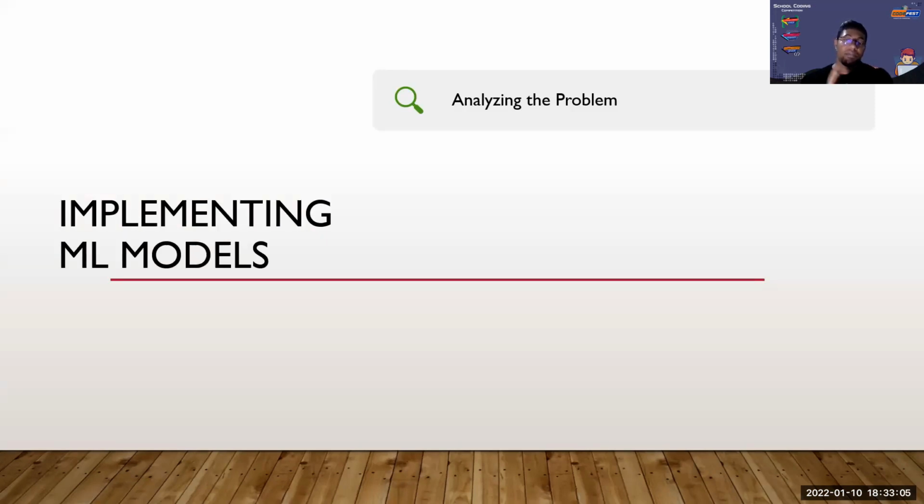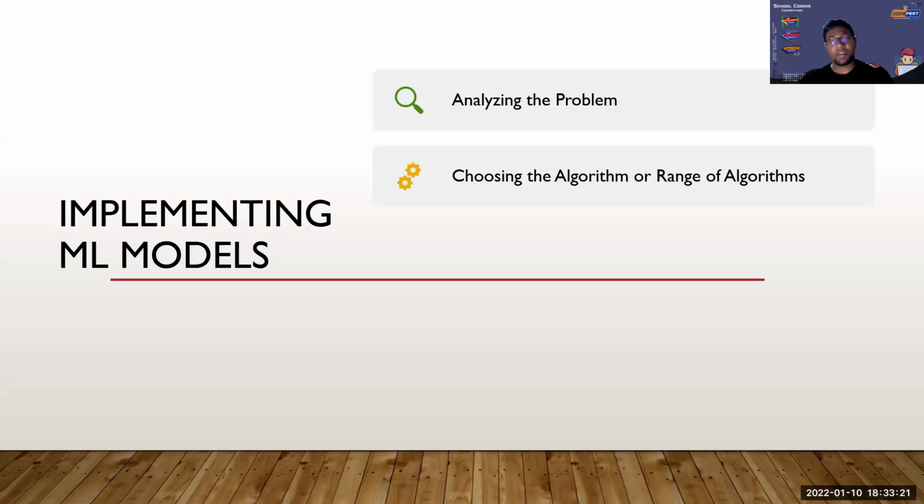So whatever the application that you're building, whatever the problem you are trying to solve using machine learning, the first thing you need to do is analyze these problems. In regular programming, if we want to define some rules, we can simply define those rules using if-else conditions, and it will work.